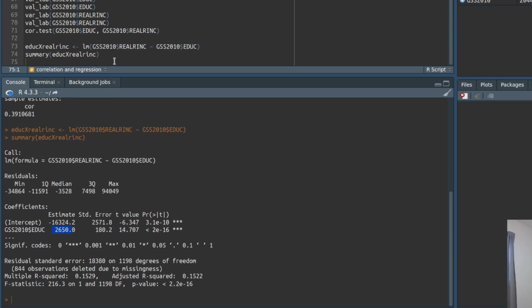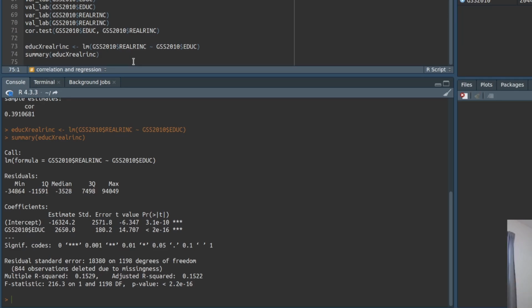The last piece that I want to show is, let's say that we do find a statistically significant relationship. We can then use the information we have in the model to estimate how much money somebody would make, depending upon how many years of education they have. So this is basically using the power of regression to estimate values. Let's say that I've got a college degree, which would be 16 years of education.